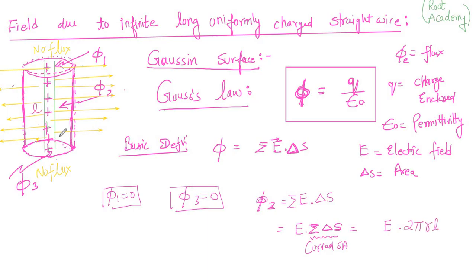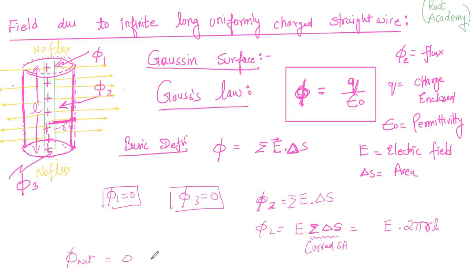I have taken the length of the wire as L and the distance at which we are observing as R, the distance from the center of the wire. The length of the wire enclosed by the cylinder is L. So R is the radius of the cylinder and L is the length of the cylinder. This is phi 2. So what is phi net?